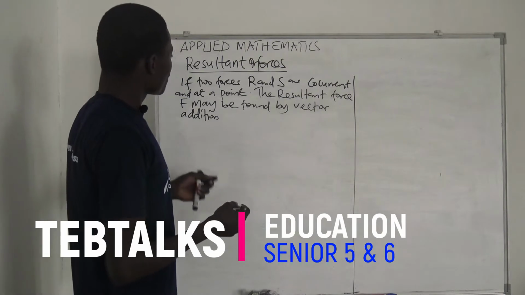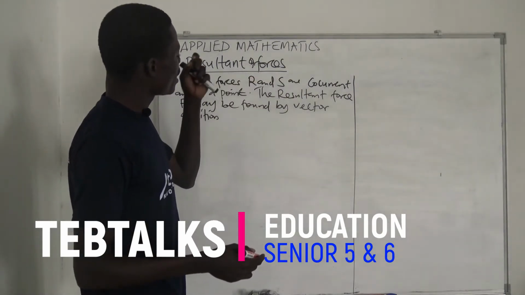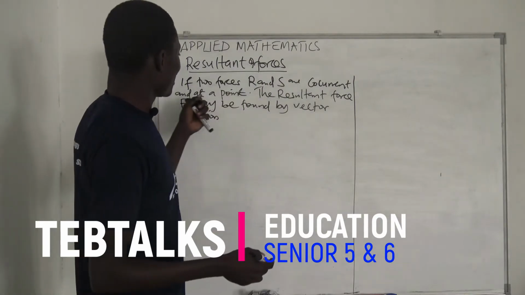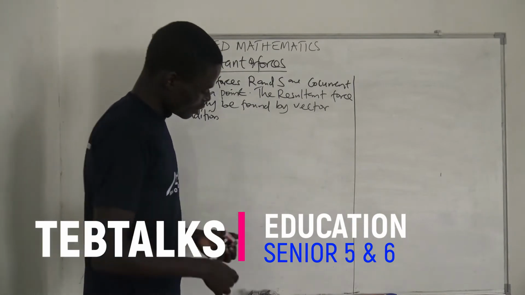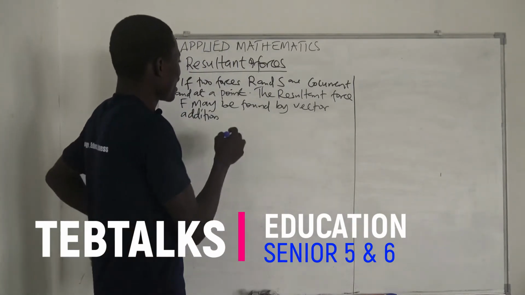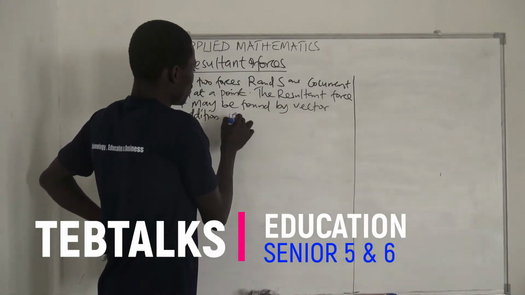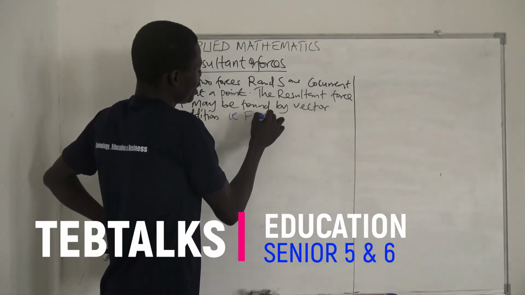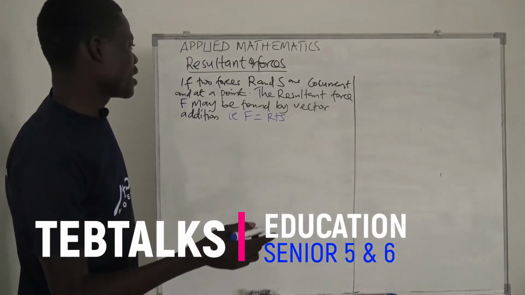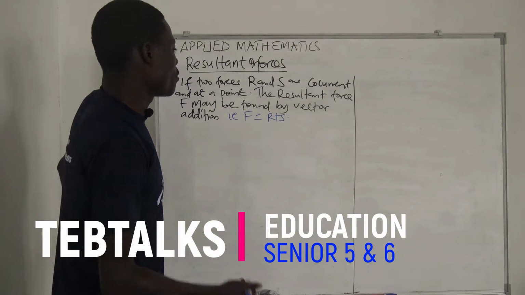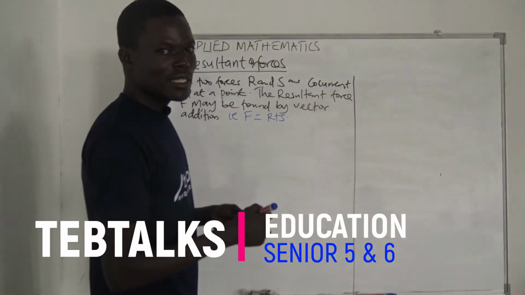So if you have 2 point forces, R and S, concurrent at a point, the resultant force F is got by R plus S when they are on the same line and in the same direction. But if they are in different direction, it becomes R minus S.